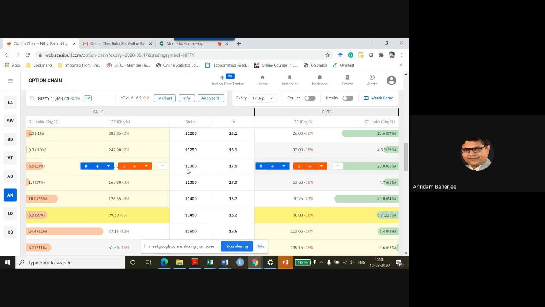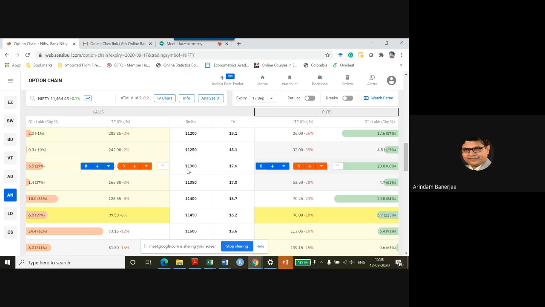Practically, it is not possible. Why? Because if it happens, then it will create a kind of arbitrage opportunity in the market. And because of the efficient market hypothesis, the market players will react in such a manner that the arbitrage opportunity will go in a short period of time.